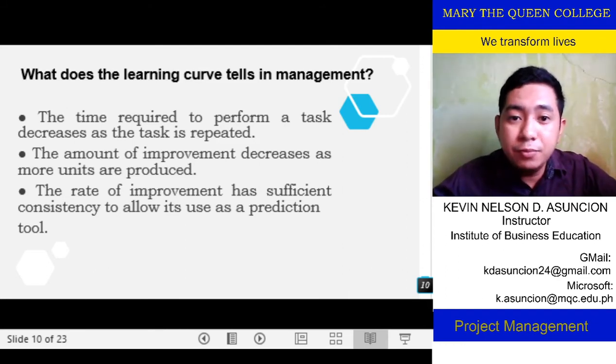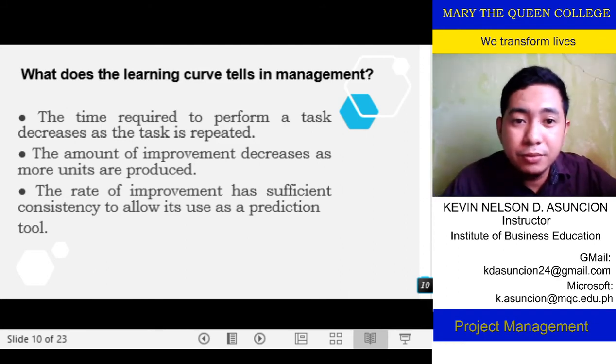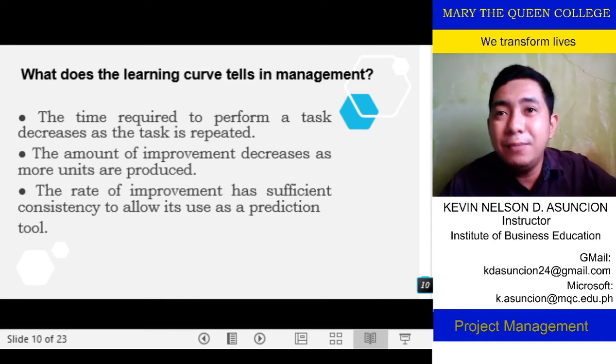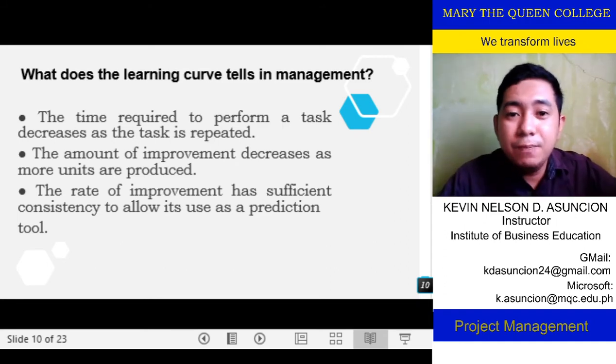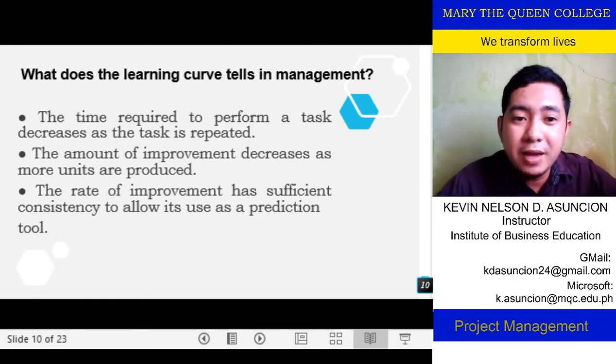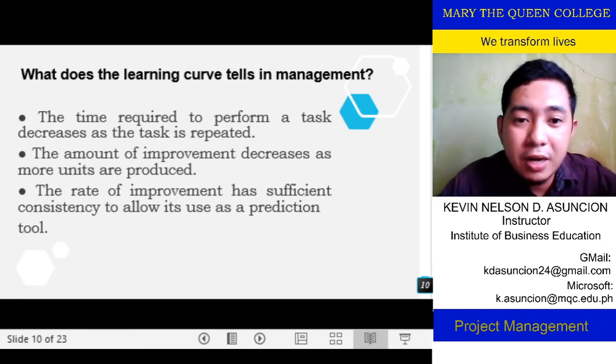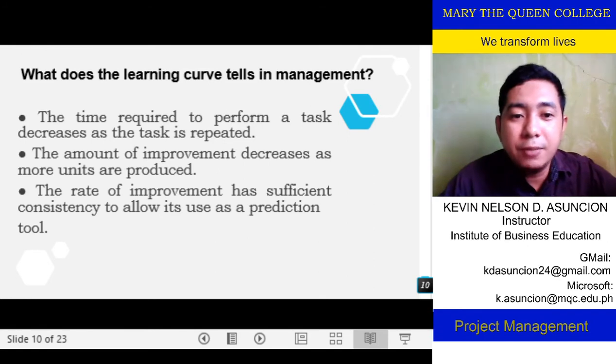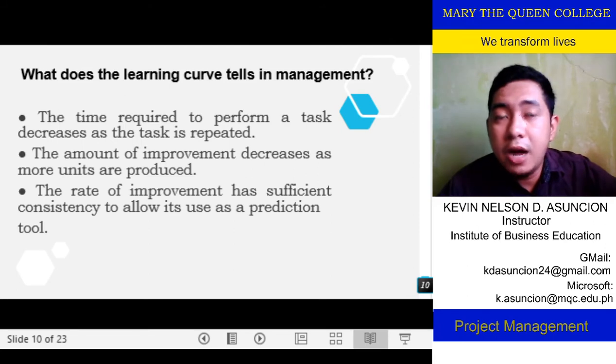The amount of improvement decreases as more units are produced. So habang dumadami yung pinoproduce mo, yung improvement ay kumukonti. And the rate of improvement has sufficient consistency to allow its use as a prediction tool. So you can also predict yung outcome and the cost.